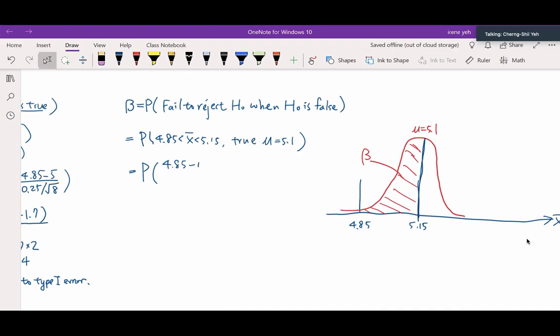The population mean is 5.1. Divided by sigma, divided by square root of n. And 5.15 standardized to this red distribution.